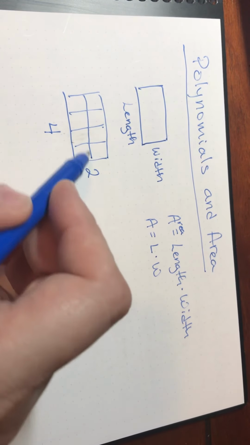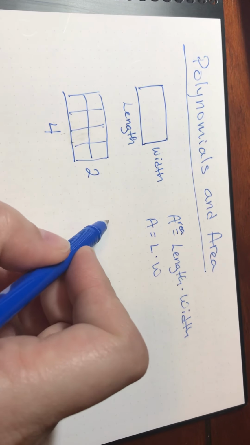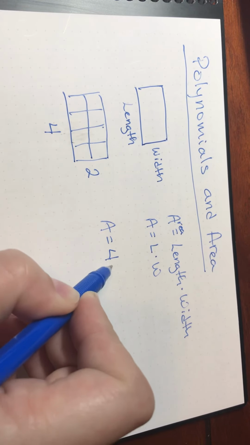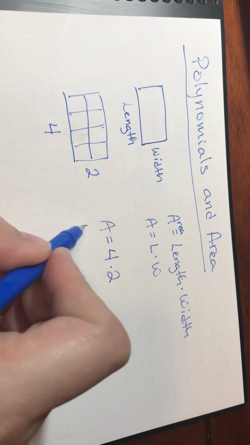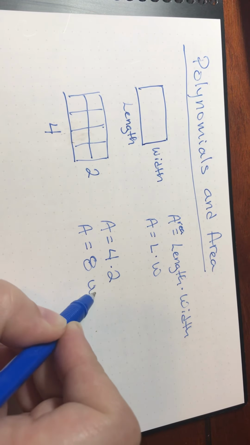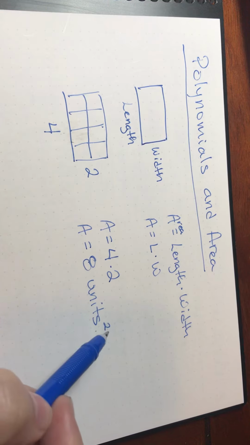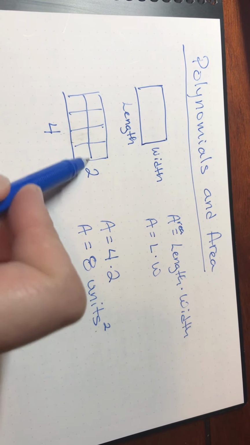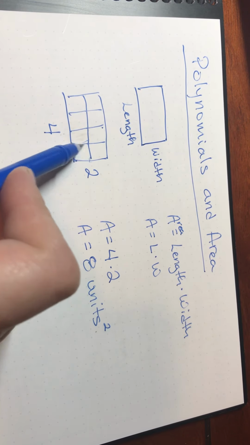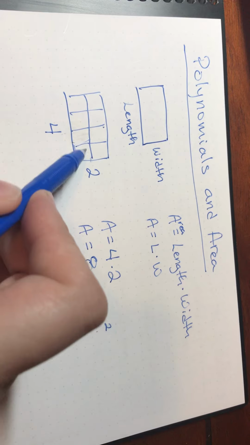So the shortcut, instead of drawing it all out and counting, is we could say that the area equals 4 times 2. So then the area equals 8 units squared. Square units meaning each one of these units is in fact a square. So if it's inches, it's a square inch, or a 1 inch by 1 inch square.